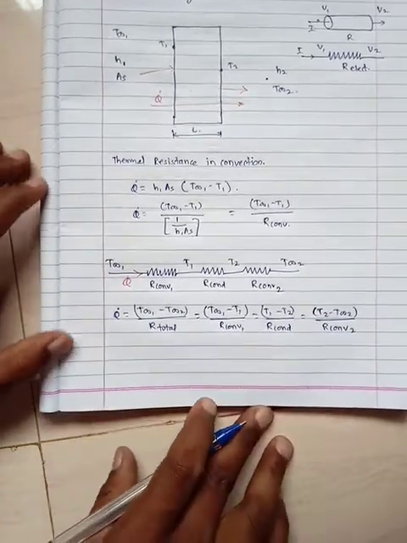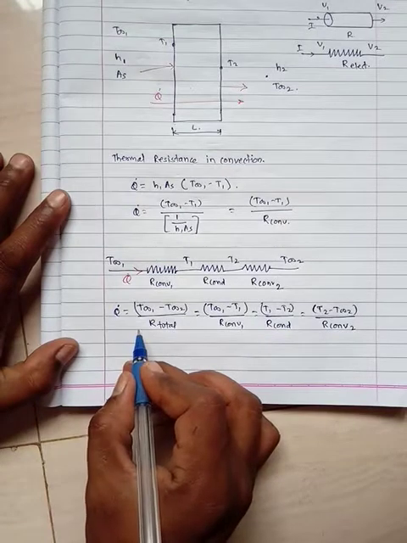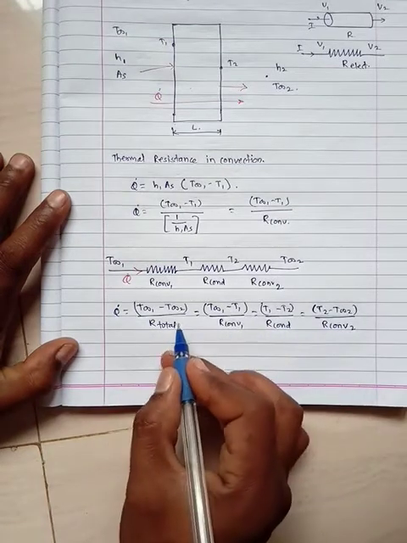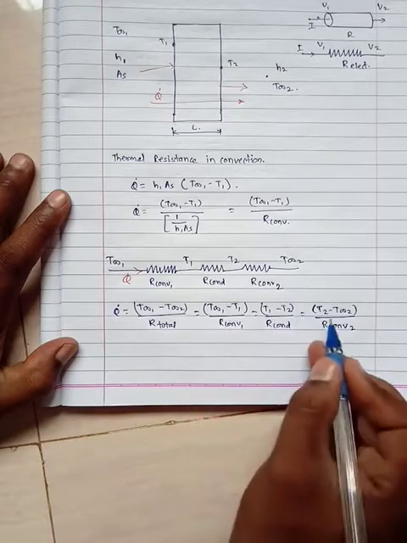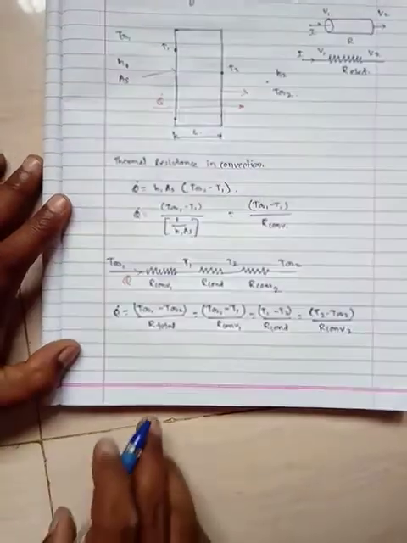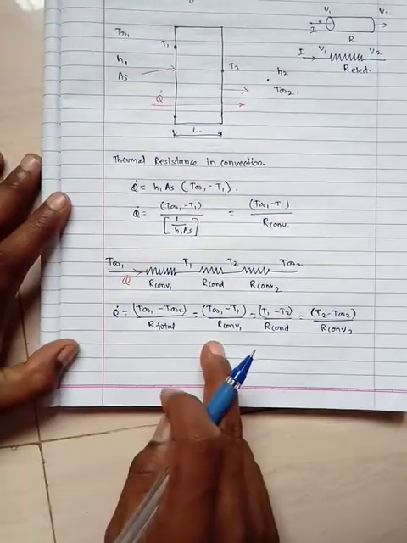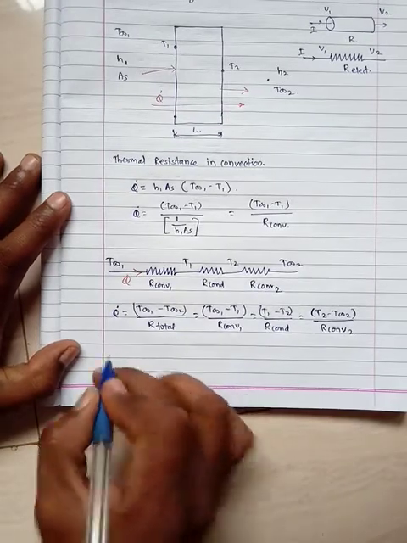The total heat transfer is always the same in the given problem. This is found by using a mathematical formula.